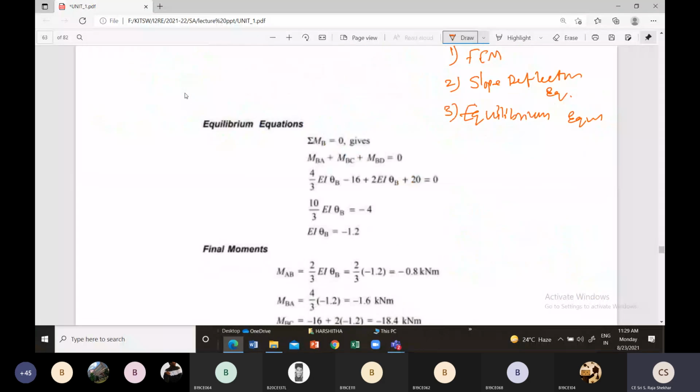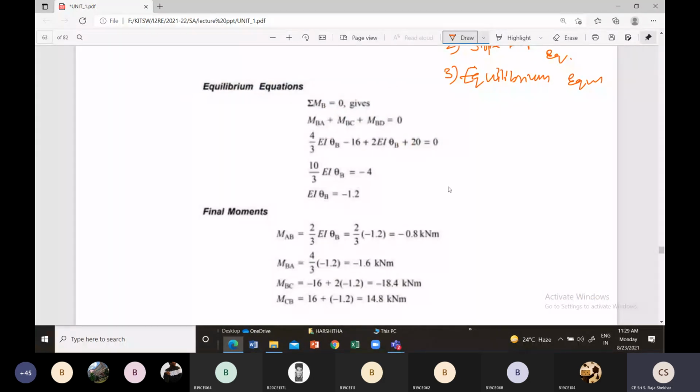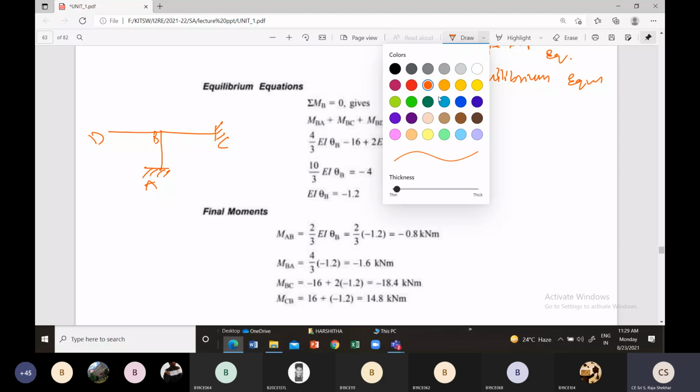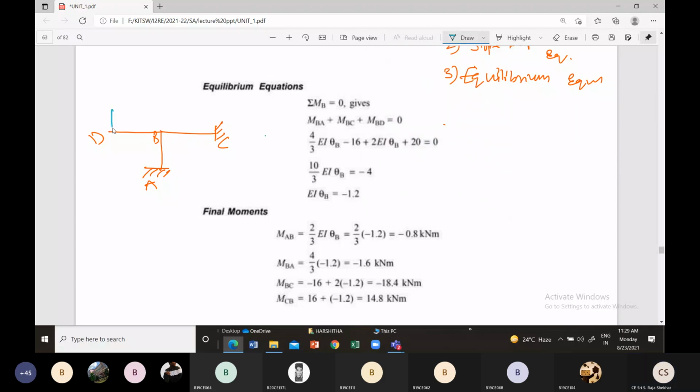Applying the joint equilibrium equation at joint B, there will be 3 moments. So this is C, this is D and this is A. The joint equilibrium equation is MBA plus MBD plus MBC equal to 0.